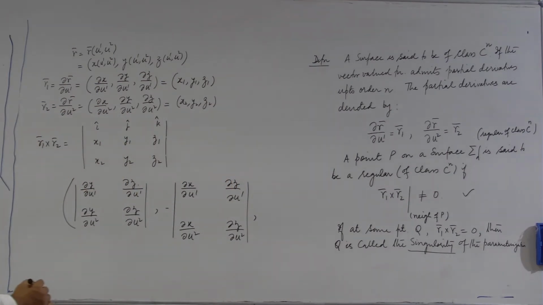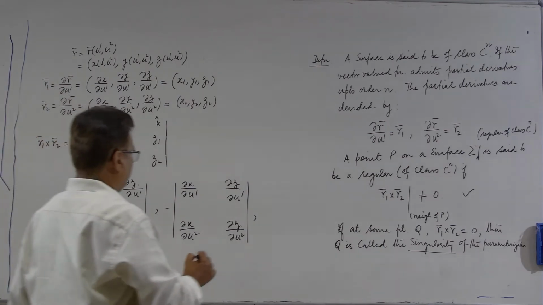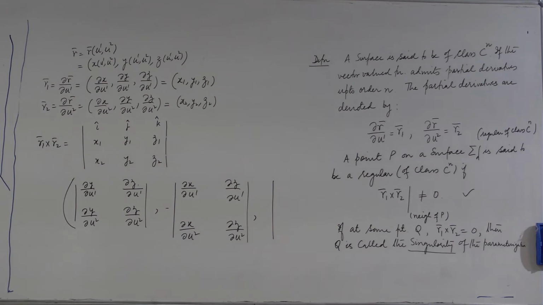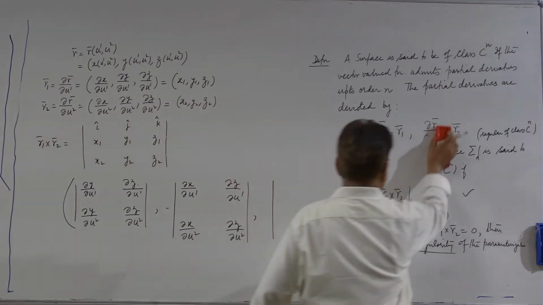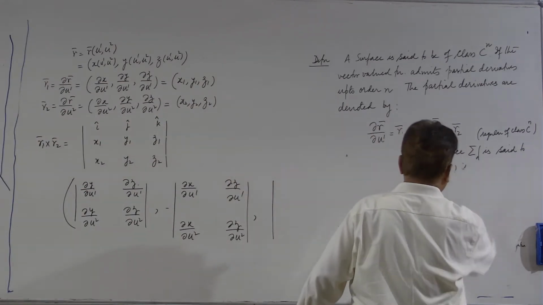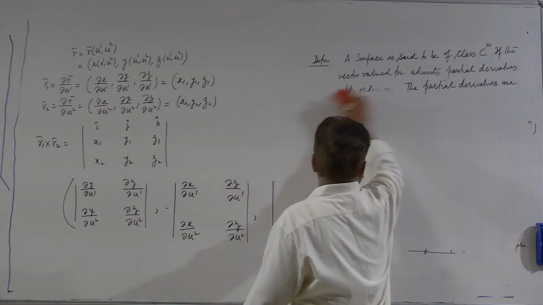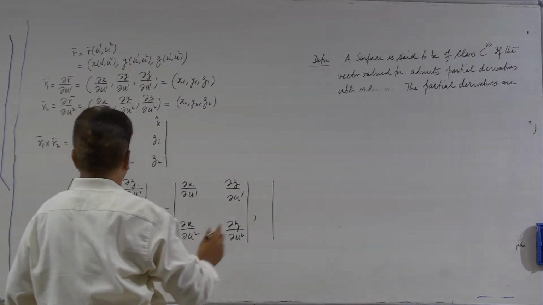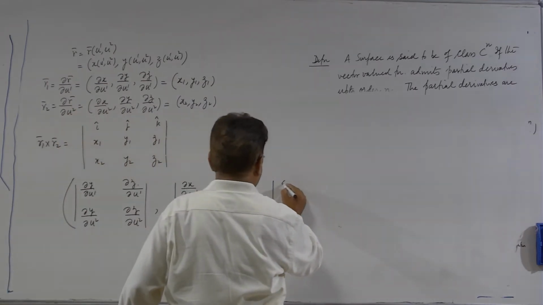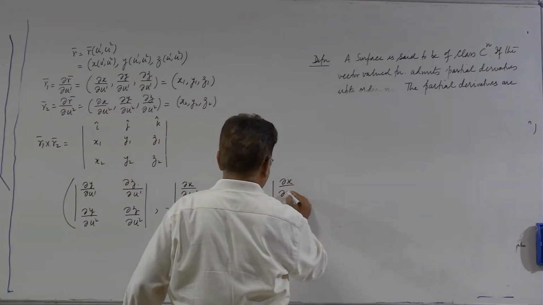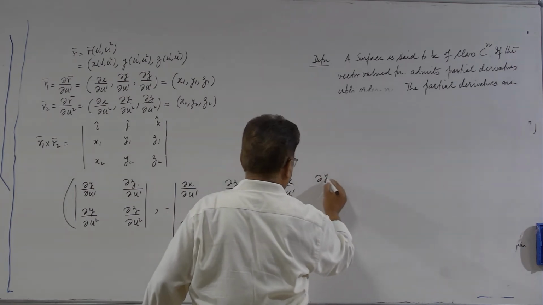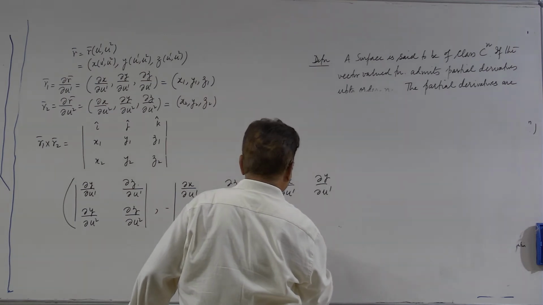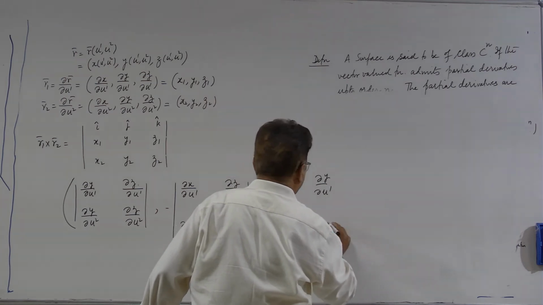Lastly, the k component is another 2 by 2 determinant: del x upon del u1, del y upon del u1, del x upon del u2, del y over del u2.